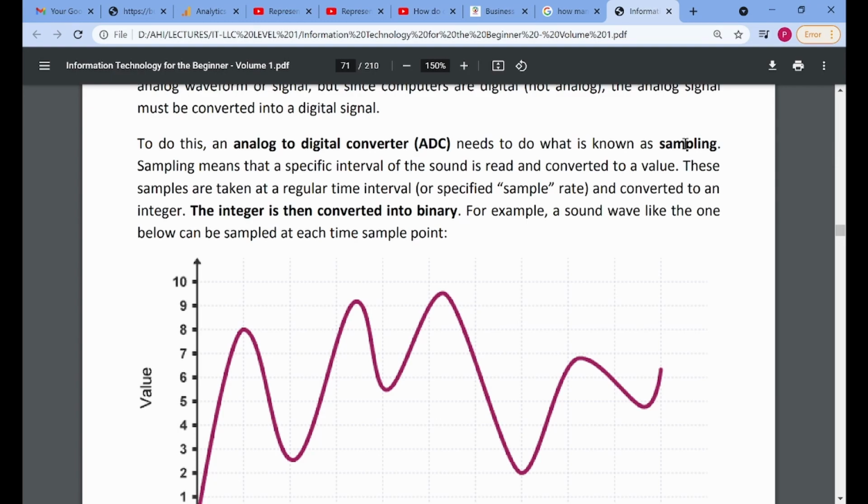Okay, now listen. What the computer does, after these vibrations go through the microphone, the ADC, which stands for what?